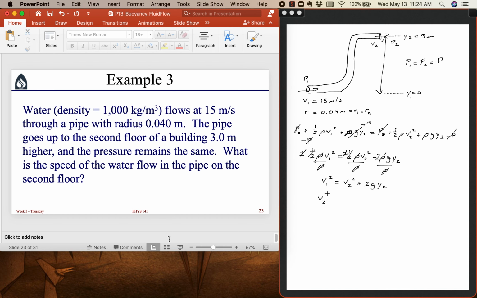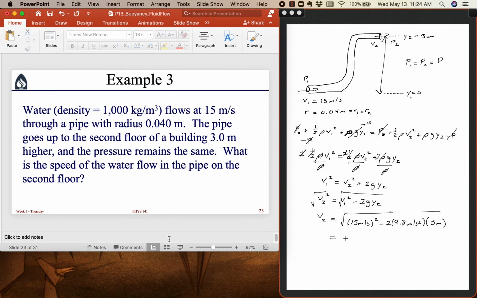So V2 squared is V1 squared minus 2 g y2, and then take the square root of both sides. So that leaves me with V2 is equal to the square root of V1, which was 15 meters per second, square that, minus 2 times 9.8 meters per second squared, times y2, which was 3 meters.